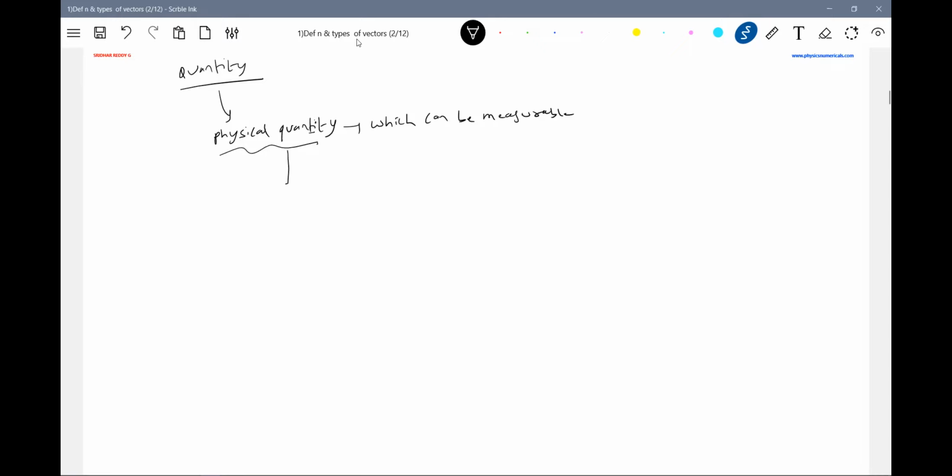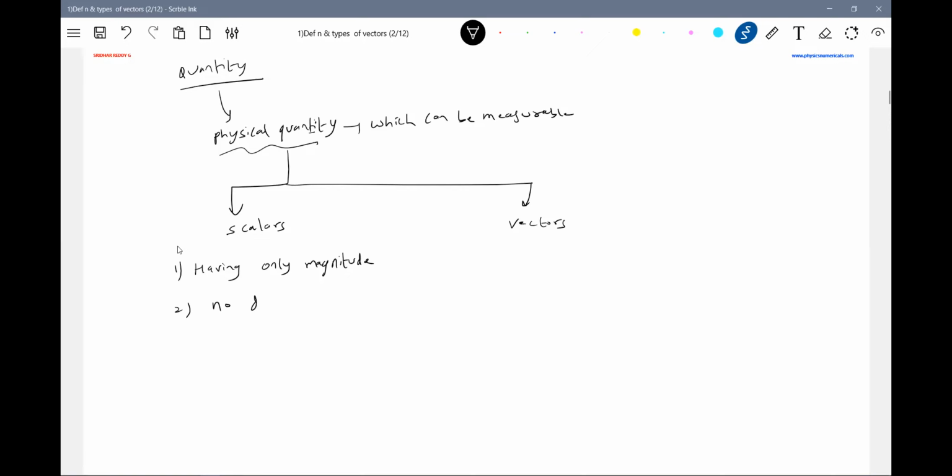This physical quantity you can categorize into two parts: one, scalars; the other, vectors. So what are the features of a scalar? It has only magnitude and no direction.